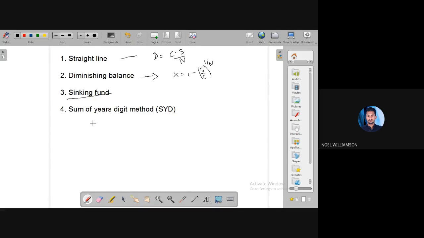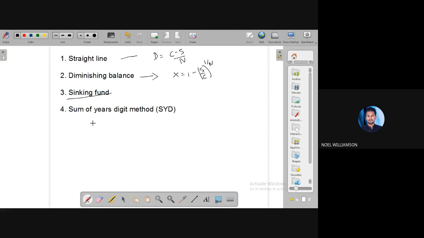To compensate for that, in this method a sinking fund is created. A small amount will be deposited each year to compensate for the loss. For the first year you will take some value, for the second year also some value. That is a sinking fund.